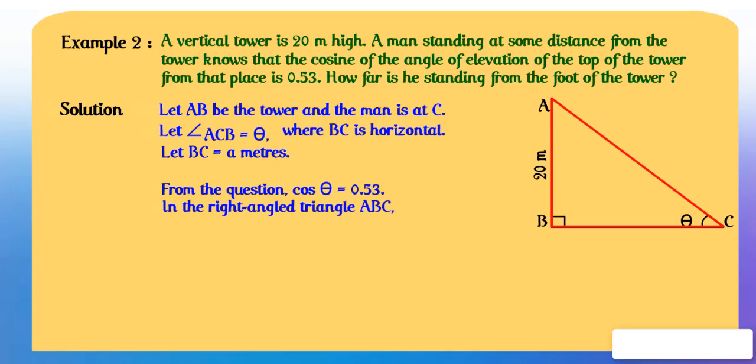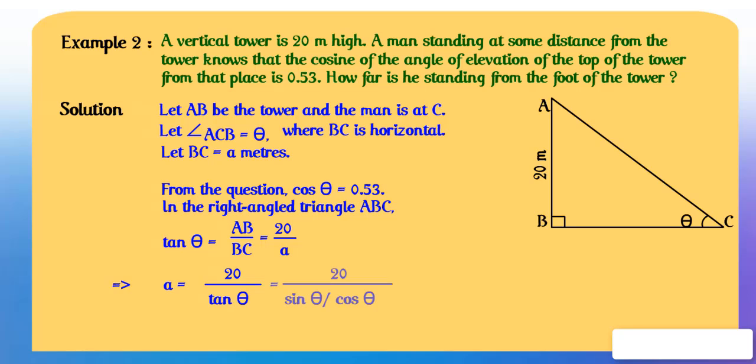In the right angle triangle ABC, tan theta is equal to AB by BC is equal to 20 by A. This implies A is equal to 20 by tan theta is equal to 20 by sin theta upon cos theta is equal to 20 cos theta by sin theta.